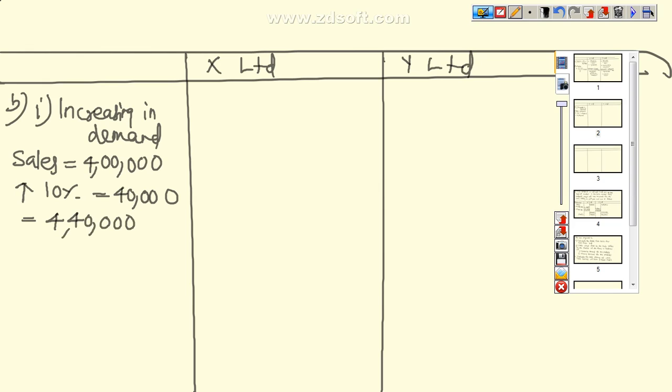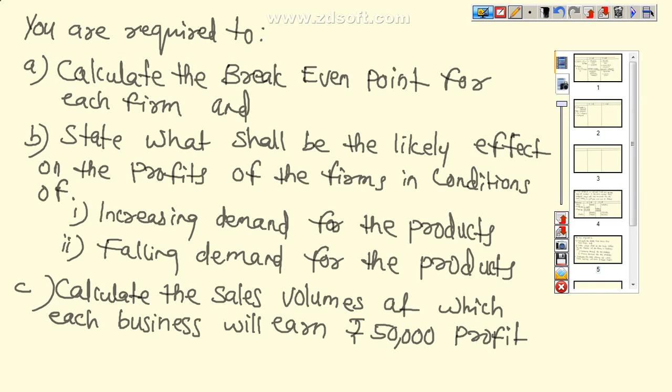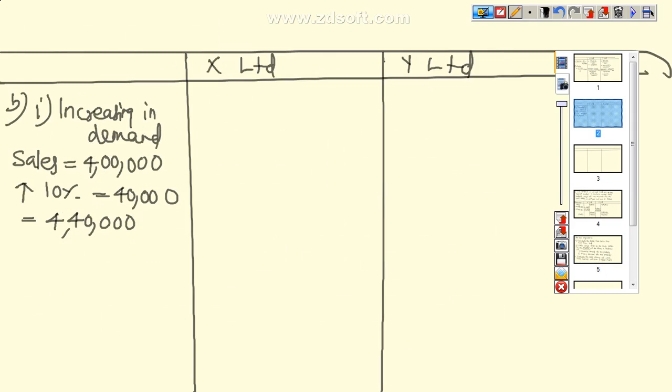Now according to the statement we have to state the profit of the company. So profit is equal to sales into PV ratio minus fixed cost.